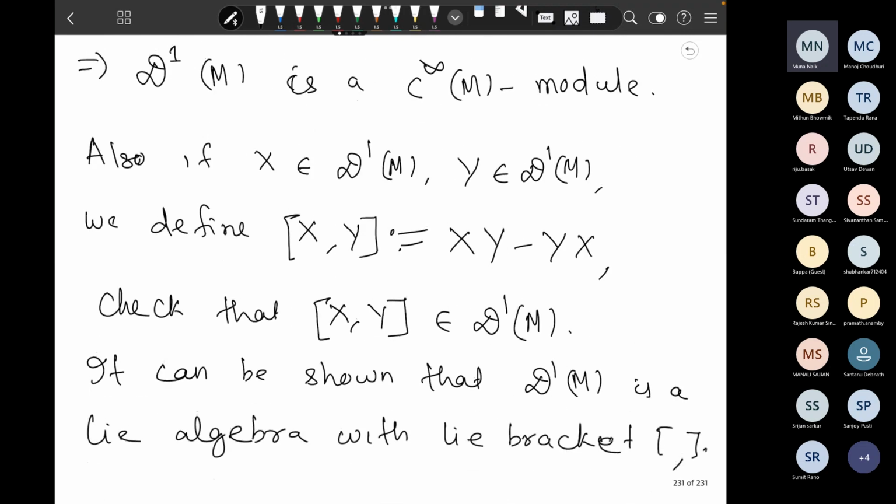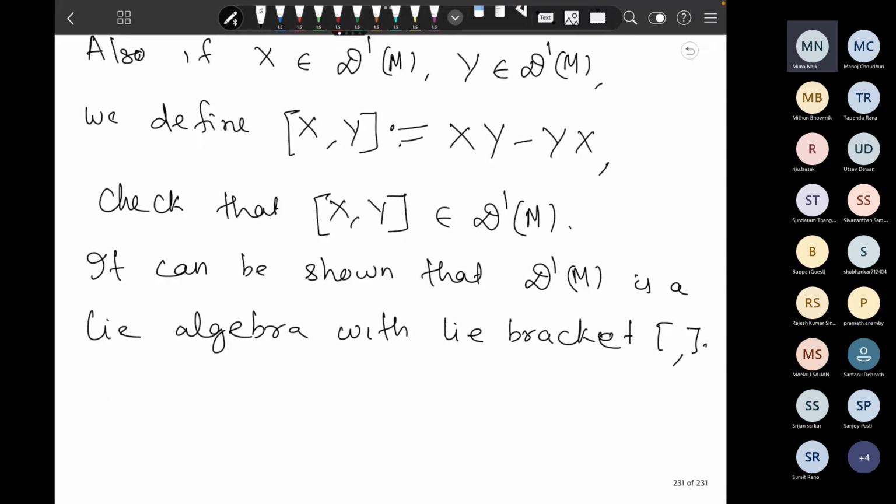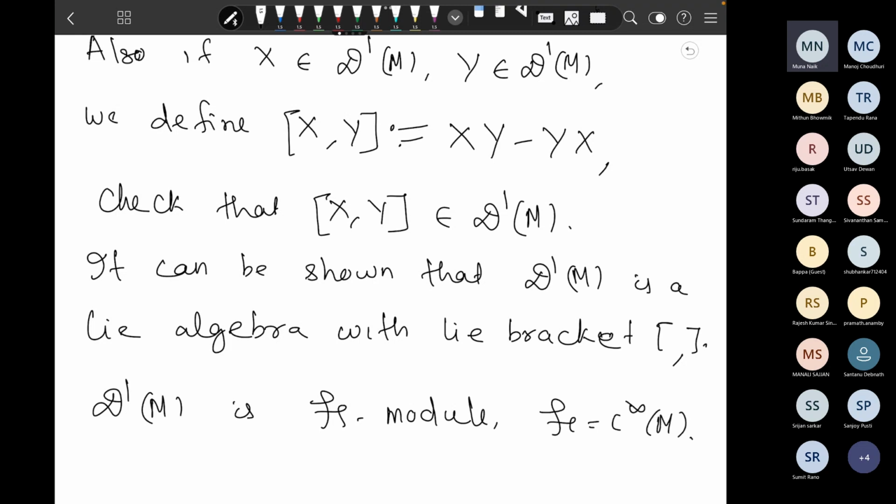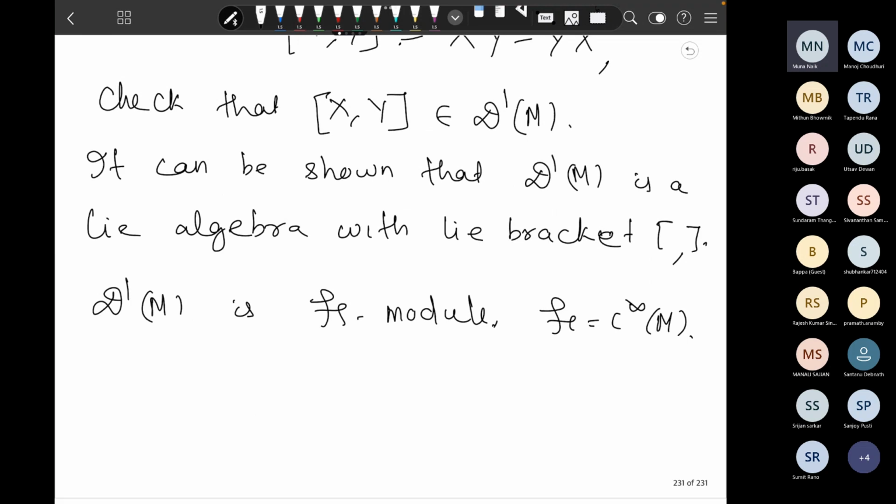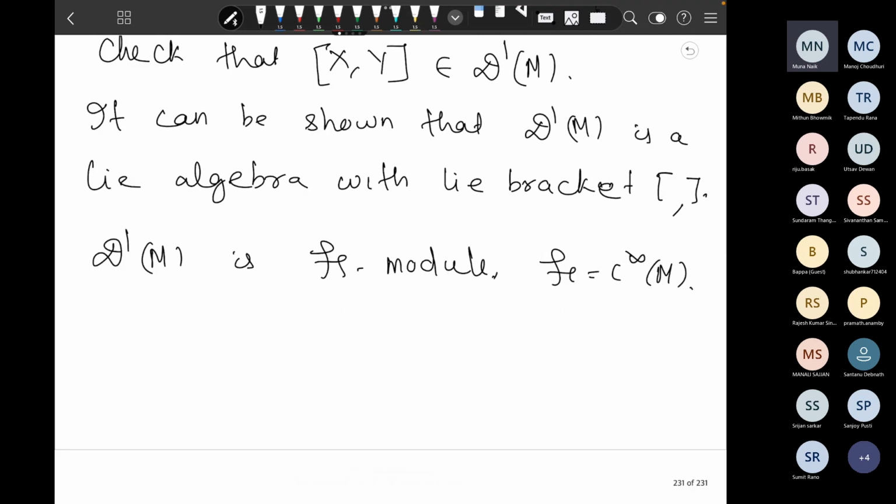So D1 M is an F module, and recall where F is really C infinity M. Now, if something is a module, then you can consider its dual, and that is also an F module by abstract algebra.